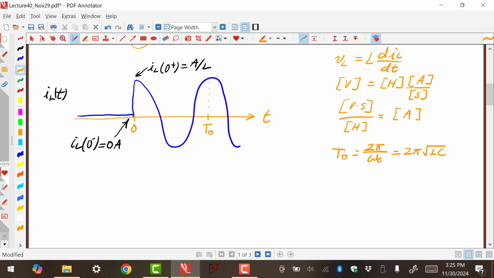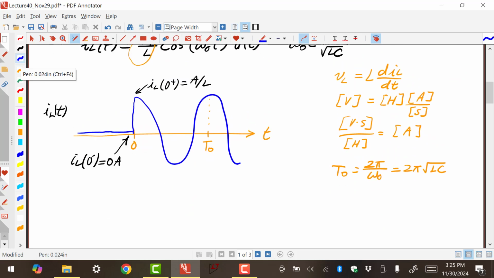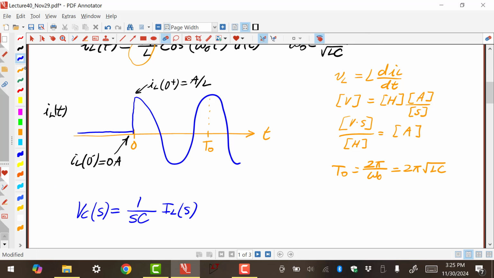We have V_C of s equals 1 over sC times I_L of s. This is Ohm's law.